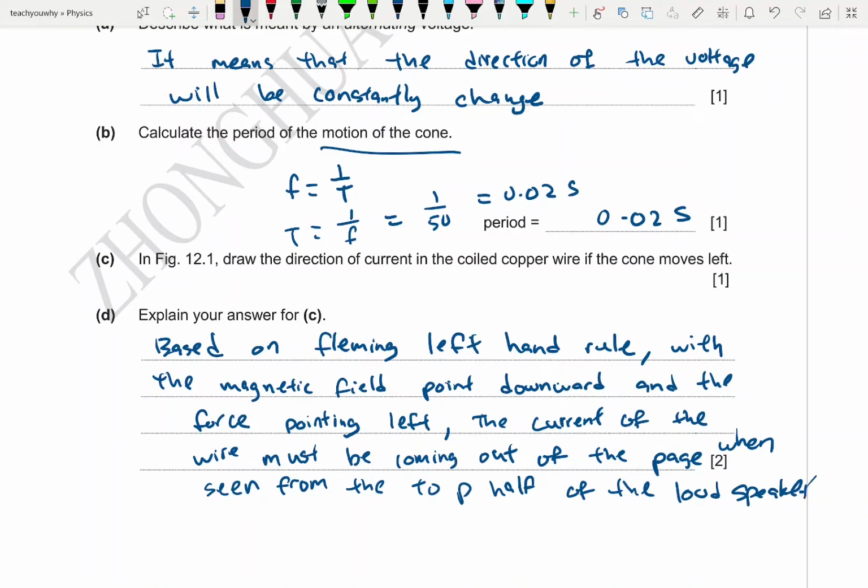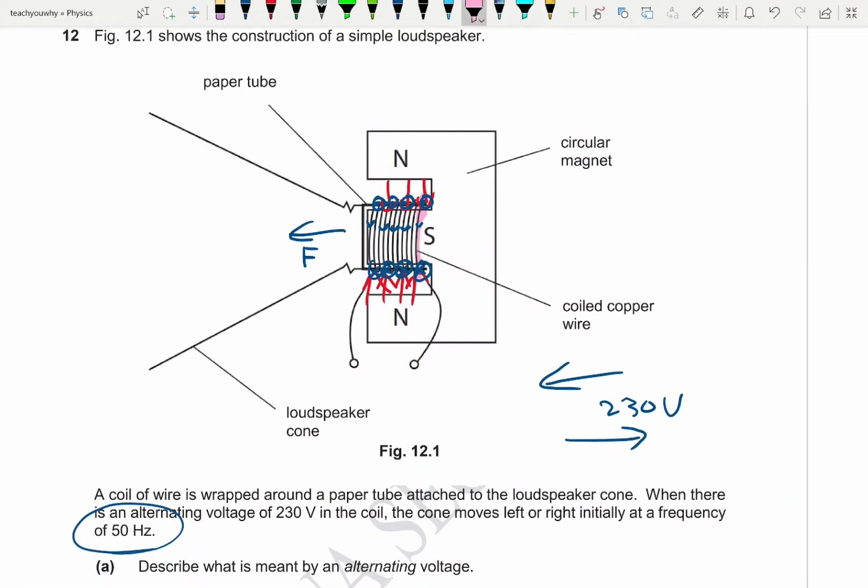Okay, so essentially I want you to focus here. This is my top half of the loudspeaker. If you use your Fleming's left-hand rule, the magnetism is down, the force is this way. If you try your Fleming's left-hand rule, I can't show you here, I'm only sharing my screen, but you will notice that the current will be pointing out of the page. Let me show it to you in 3D.